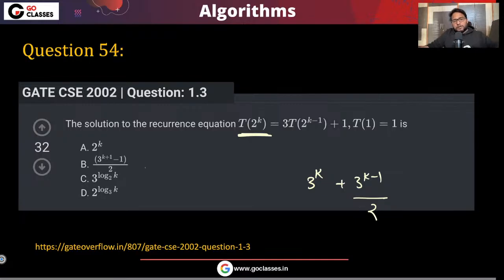Let's just see. Can we take 3 power k minus 1 common? If you take 3 power k minus 1 common, then this will be 3 plus 1 by 2, so it is going to be 7 by 2. 3 power k minus 1 into 7 by 2.